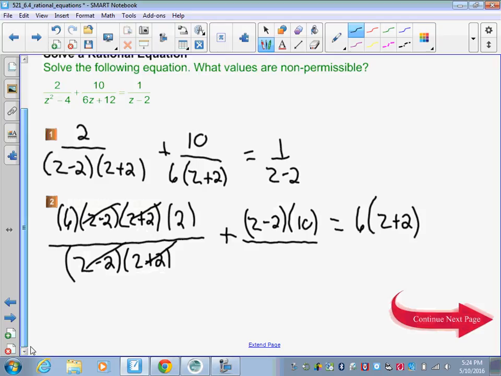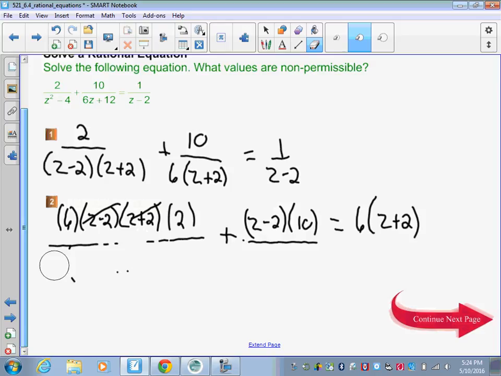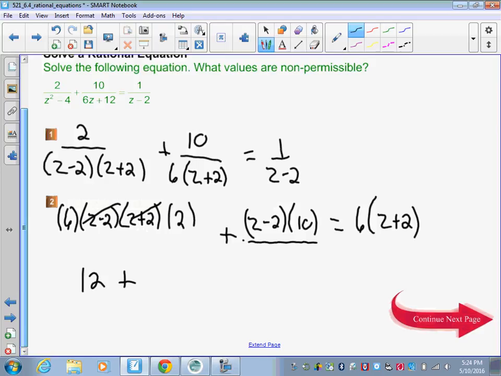Now, I don't need to worry about, let's just take that out because I'm going to get rid of those denominators in the end here. So we'll just be left with the numerator part. So 6 times 2 is 12. And over here, I'm going to get 10z minus 20 and 6z plus 12 when I apply the distributive property, remember? That's how I got those.